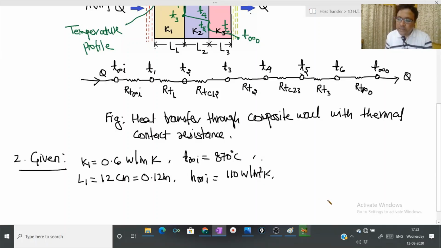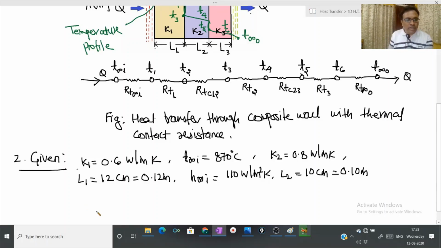Then it is given the value of fire brick, that is thermal conductivity of fire brick, as 0.8 watt per meter Kelvin, and its thickness is given as 10 centimeter, that is 0.10 meter.